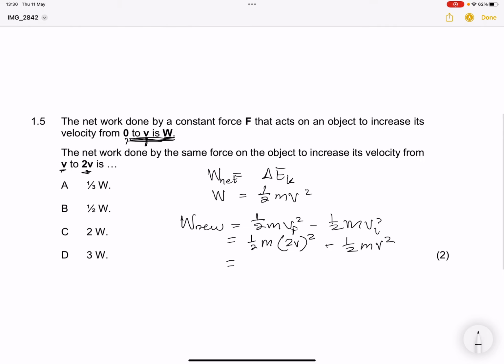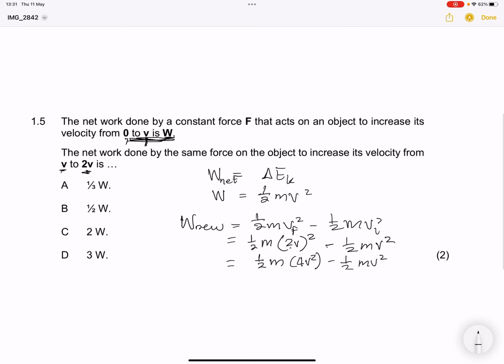And so if we work this out, now think about it, you're going to have 2 squared, which is 4. So you've got half m times 4v squared minus half mv squared.